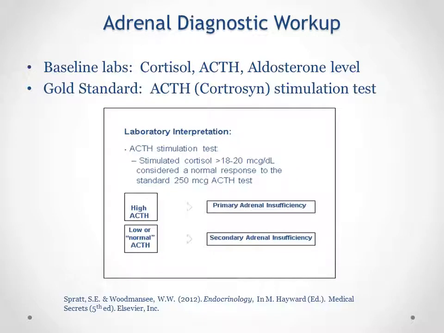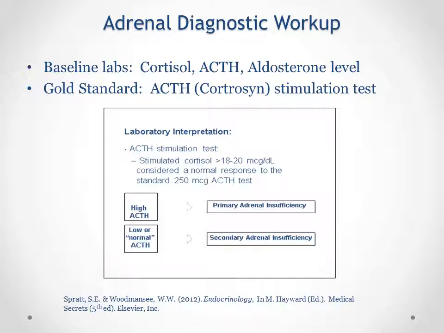The diagnostic workup for adrenal insufficiency includes some baseline labs. You would want to get a basal morning serum cortisol level, ACTH level, aldosterone level, all very important. The gold standard is the ACTH stimulation test, and this little chart shows the interpretation.